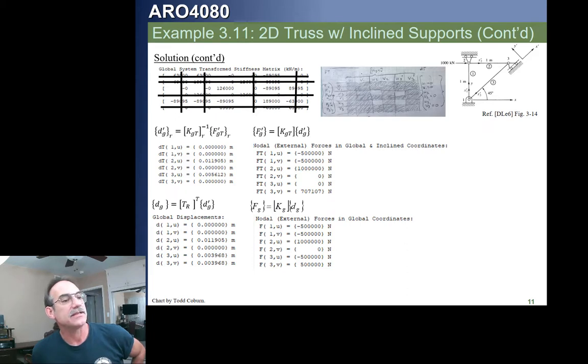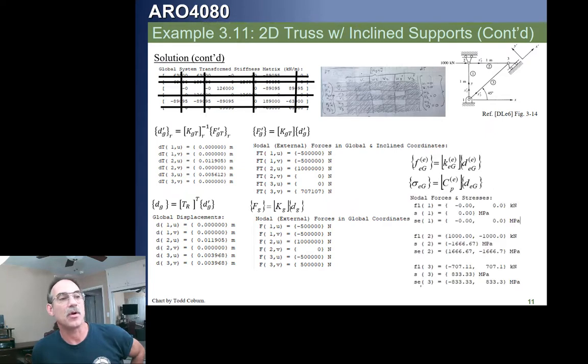Now you'll notice the only difference between these two matrices, these are identical, except in the first one, we have those inclined values at node 3, and the second one we have the global values at node 3. We then can use the global displacements with our global element stiffnesses to calculate the global forces, and then transform those in the normal way into local coordinates.